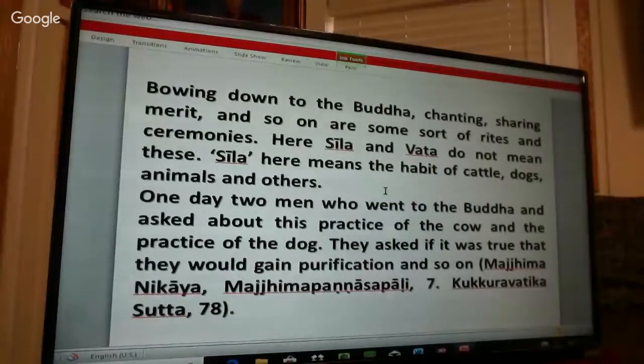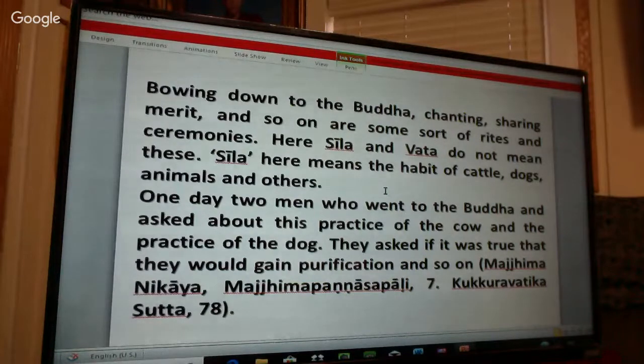So here, sila and vata do not mean these practices. The sila here means the habit of cattle, habit of dog, habit of animals, and others. Wrong habit. At the Buddha's time, one day two men approached the Buddha and asked about their practice. One person practiced like the cow, one person practiced like the dog.